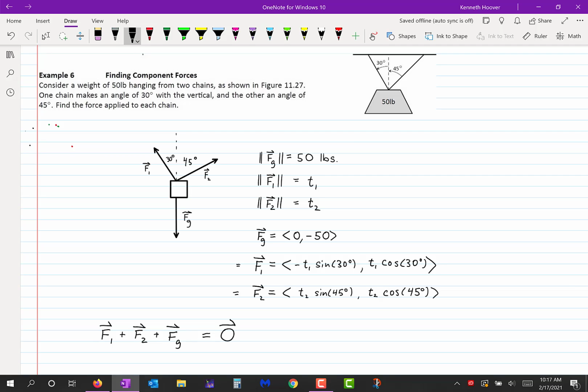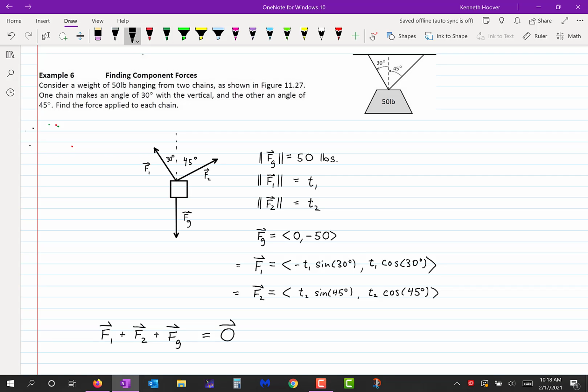So there are three non-zero forces acting on our mass, but the net force, which means the total combined force, is 0. If it were not 0, then the mass would be accelerating in some direction.